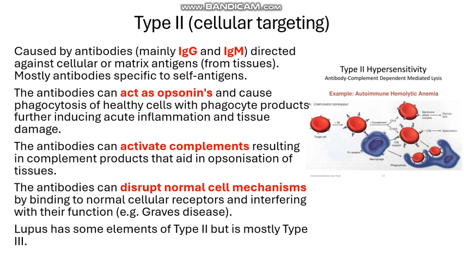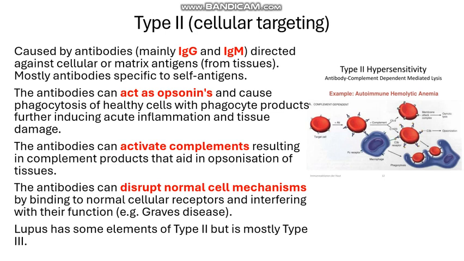The antibodies can also activate complements, resulting in complement products that aid in the opsonization of tissues. The antibodies can also disrupt normal cell mechanisms by binding to normal cellular receptors, interfering with their function, for example in Graves' disease.